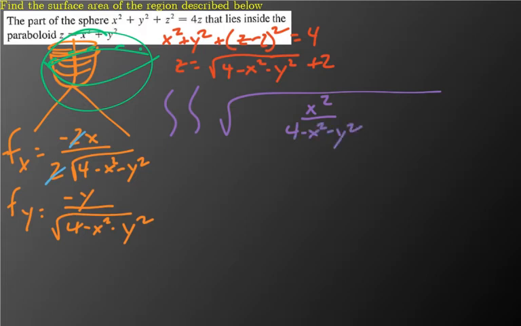And likewise, if you do f with respect to y squared, you're going to get y squared over 4 minus x squared minus y squared. And we know we need a 1 in here, but just to make things a little bit nicer, I can put the 1 in as 4 minus x squared minus y squared over 4 minus x squared minus y squared. That way I get common denominators.